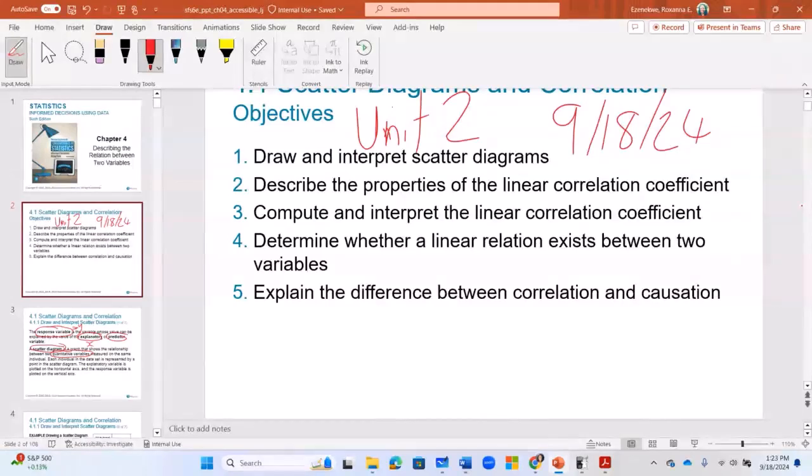But anyway, what it means is that if there is a relationship between two variables, one may not cause the other.